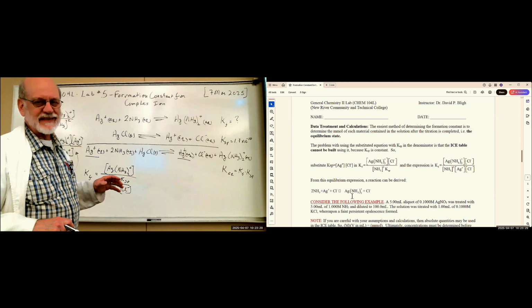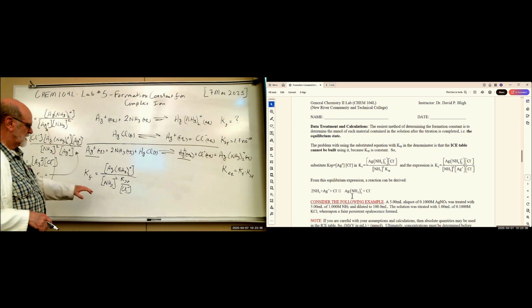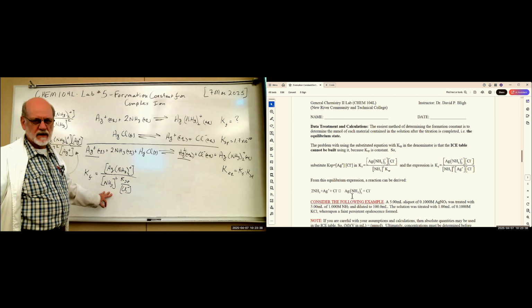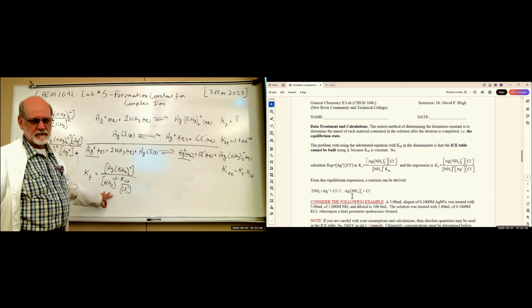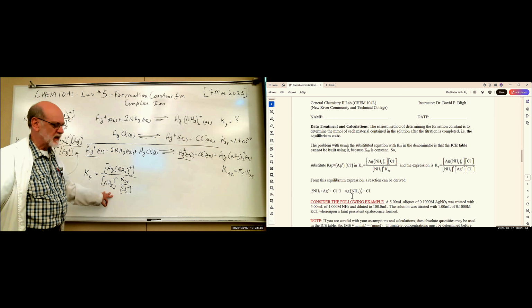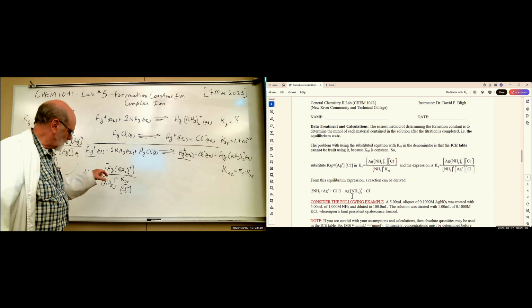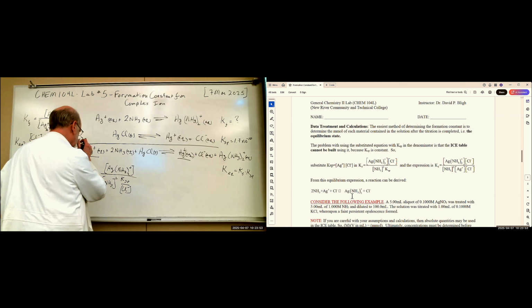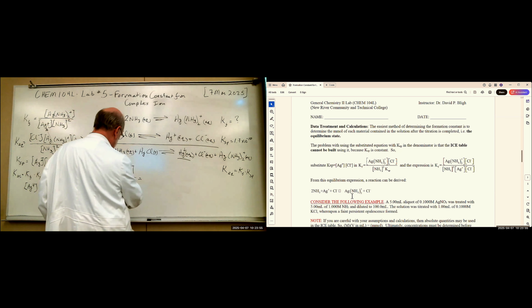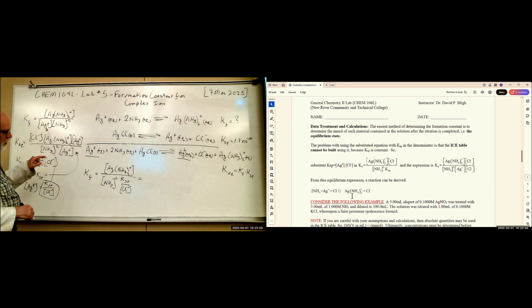So for building the ice table, we want an expression that accounts for all the species. So we don't want that KSP in there. We want the values that are associated with that KSP, which is silver times chloride.